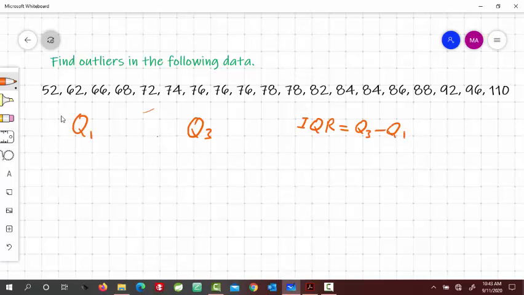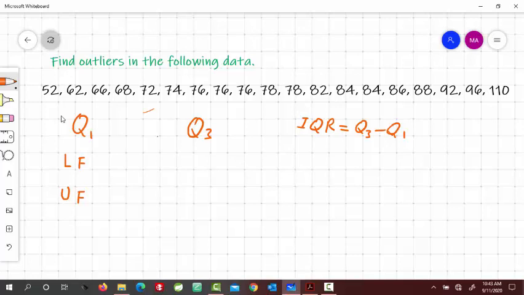And then in the next step, we would be finding fences, the lower fence and the upper fence. And then we would see if there is any data value outside of these fences. So let's go one by one.